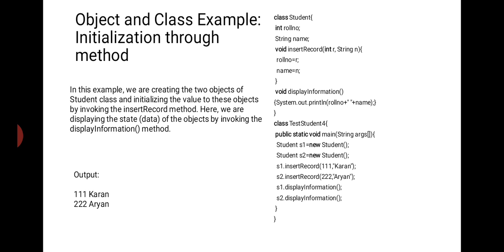And then I am going to display the values inside the variables. So here I will get the output 111 when my s1 dot display information is called, and I will get the output 222 when my second function is called. So this is the example of initialization through method.